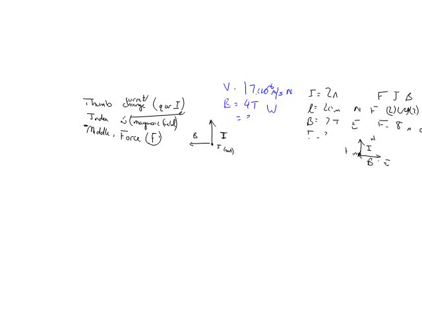What are we looking for? What's the question? Force. Magnitude is the number, direction is the north, south, east, west. Okay, so what equation do we want to use? F equals QVB. We're missing something. Q, what's Q? Charge of the electron, which, does anyone remember it? It's okay, I do. 1.6 times 10 to the negative 19 coulombs.